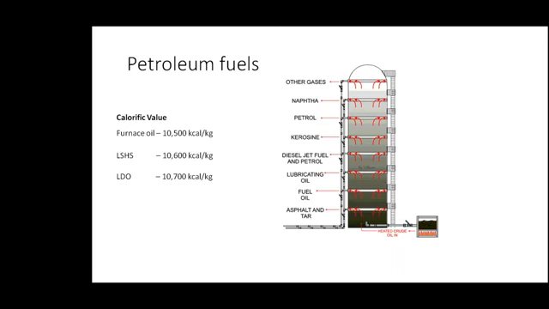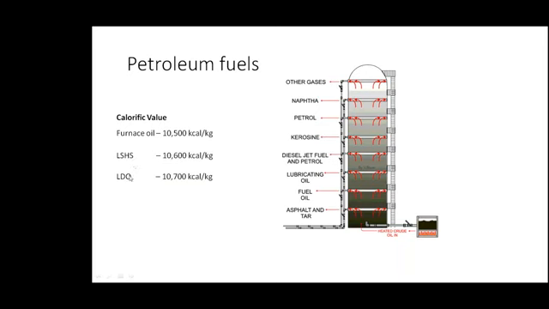So these are some of the petroleum fuels used. Mostly the industries use furnace oil because it is cheaper. Very rarely diesel is used, in small applications like ovens or small boilers where handling furnace oil will be very difficult.